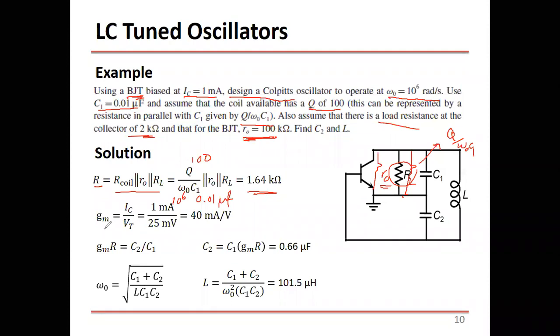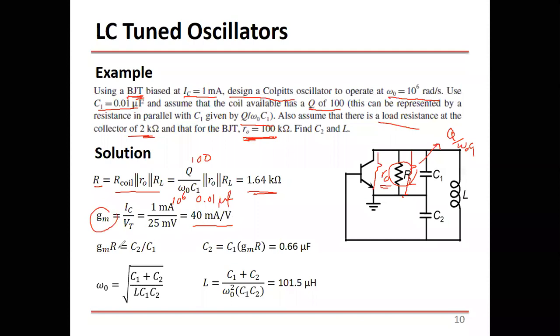Now, how do we find the transconductance Gm? As we know, Gm for a bipolar junction transistor is the collector current divided by VT, the thermal voltage of 25 millivolts. We know IC is 1 milliampere and VT is 25 millivolts. If you divide them, you get Gm.